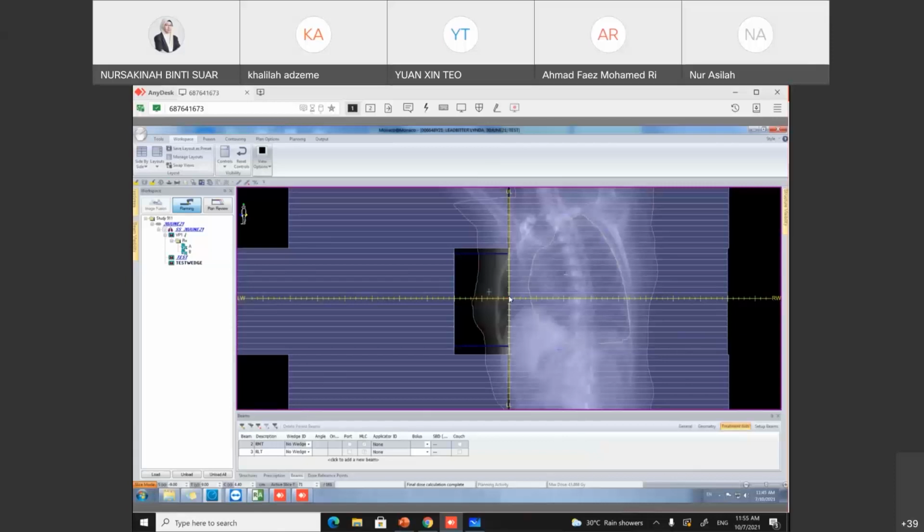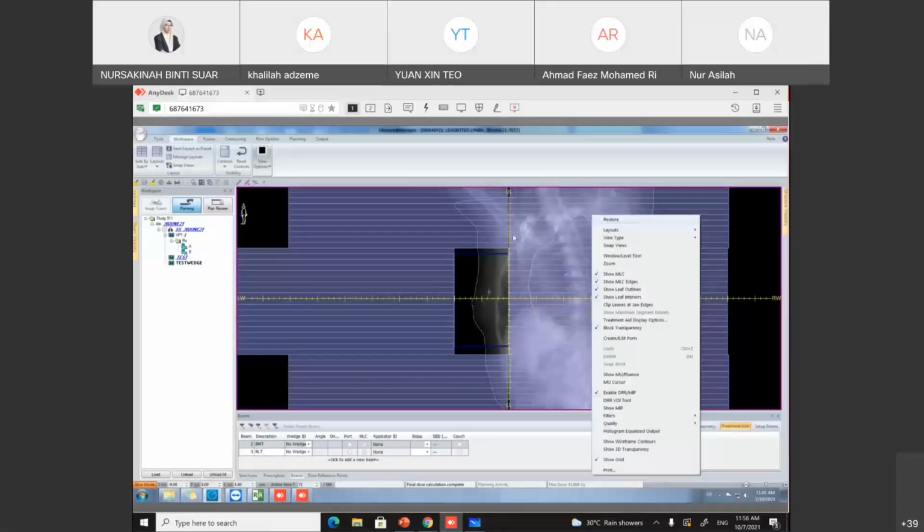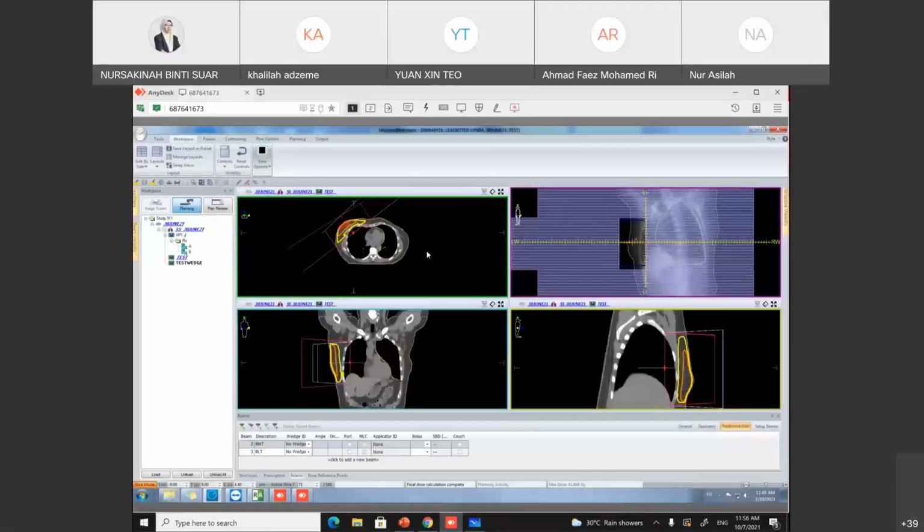But in some situations, the doctor may accept up to 2.5. But in our plan, we will put it maximum 2 cm first, and then only ask the doctor to justify how they want. So breast plan seems very simple, but actually it is complicated too.